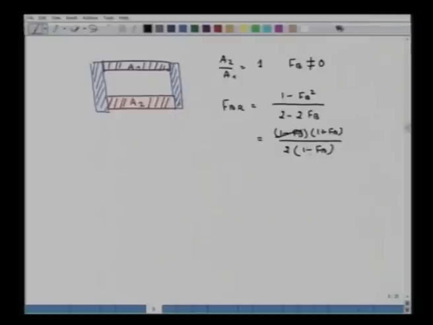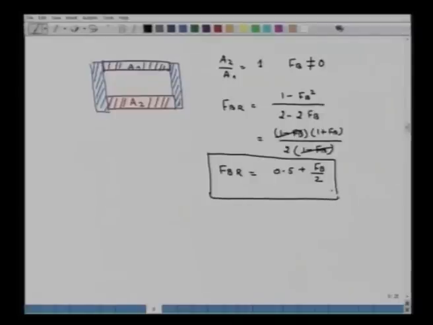So, 1 minus FB cancels out. Here FBR is equal to 0.5 plus FB upon 2. So, you see the value of FBR further depends upon FB, that is, how the two surfaces, the source and sink, are arranged with reference to each other.